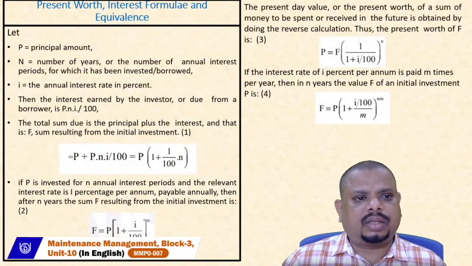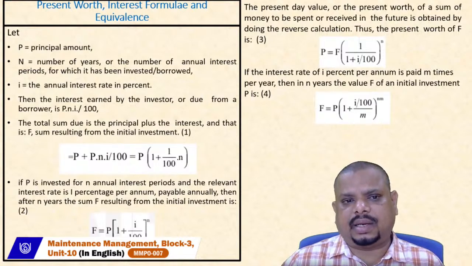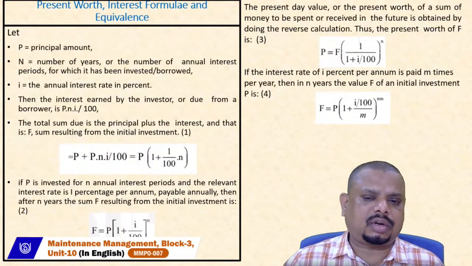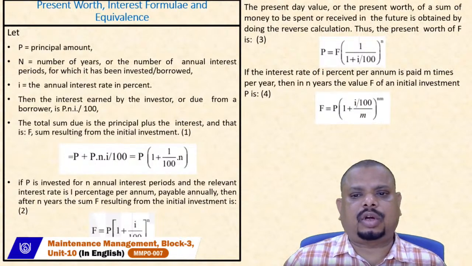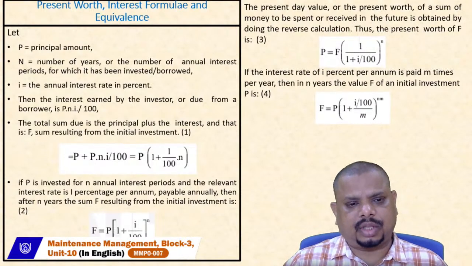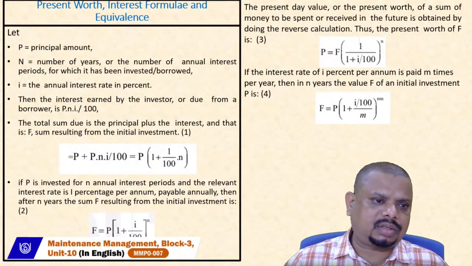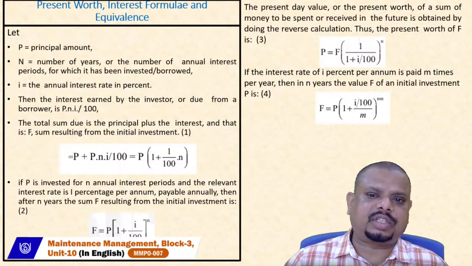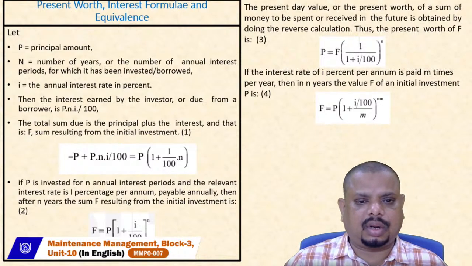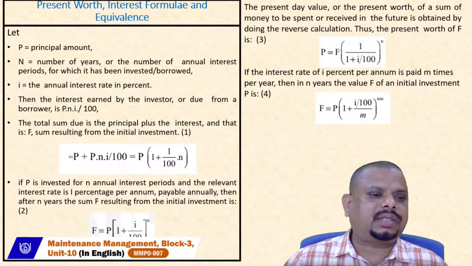So how to calculate the present worth with interest formulas and equivalence of highly expensive capital equipment? Let's take the mathematical expressions for present worth calculation for replacements. P stands for principal amount, N stands for the number of years or annual interest periods for which it has been invested or borrowed, and I stands for annual interest rate in percent.